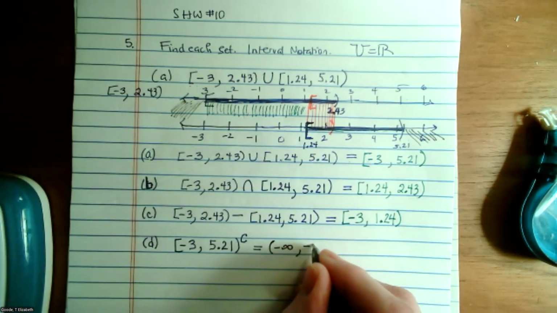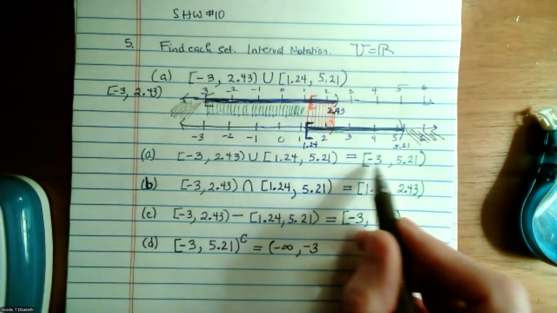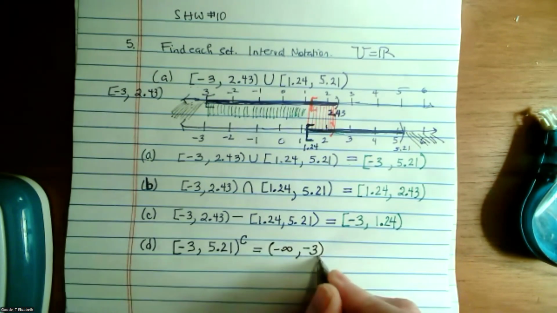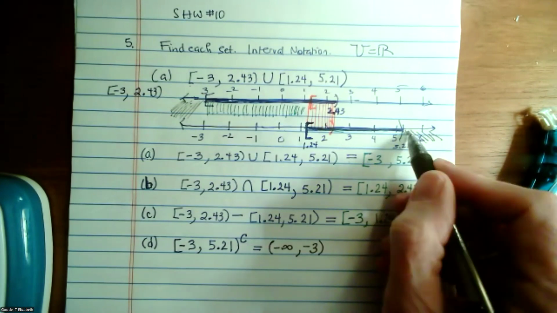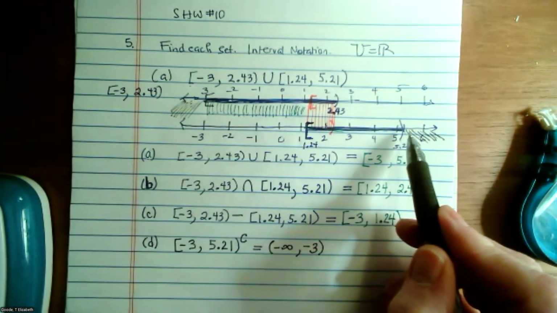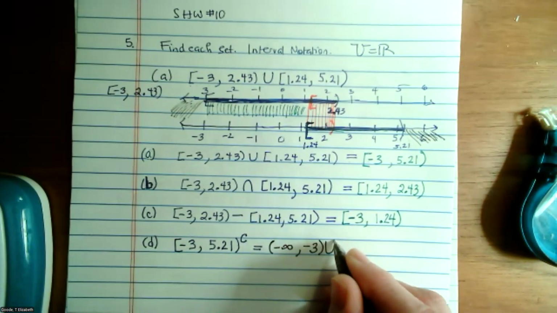And do we include the -3 in the complement? Is -3 an element of this set? Yes. So we cannot include it because it's everything that's not in this set. So it's a soft bracket here. Then we jump over here and we pick up on the other side with these x's that are not in the set from -3 to 5.21. So we put a union.